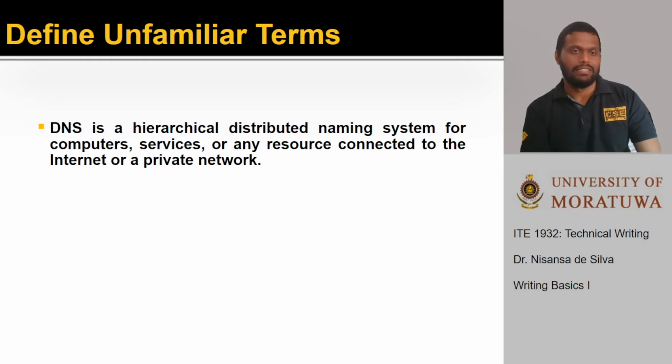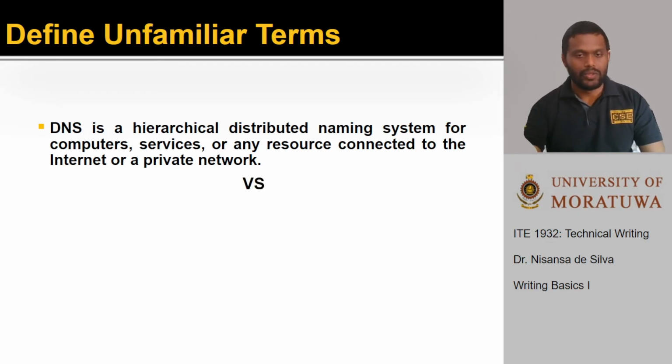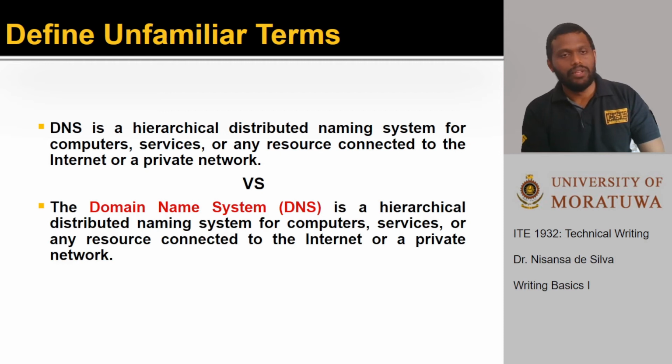So here is an example. You can say DNS is a hierarchical distributed naming system for computers and so on and so forth. But unless the reader already knows what DNS is, that person is in trouble. So you should write it this way.